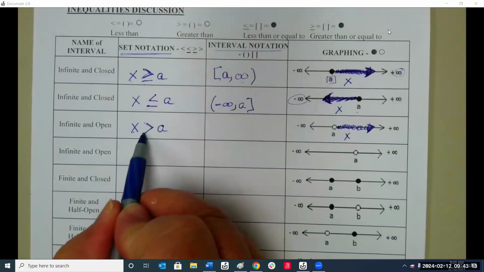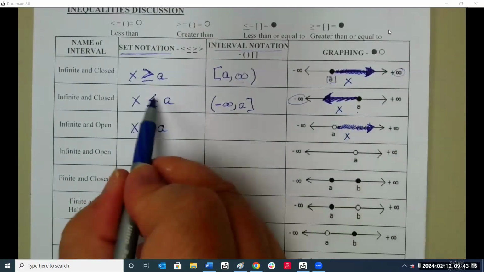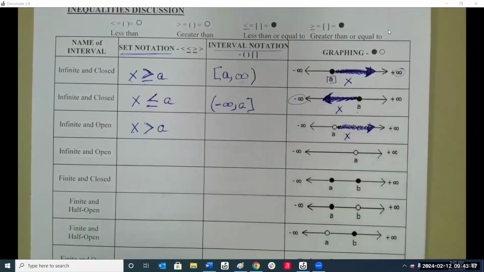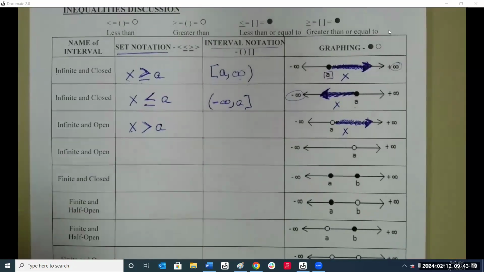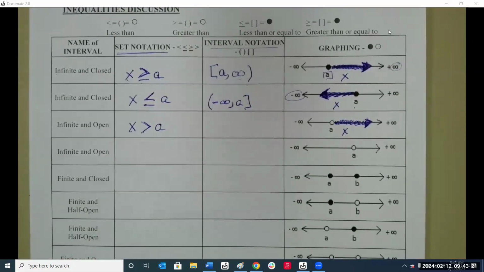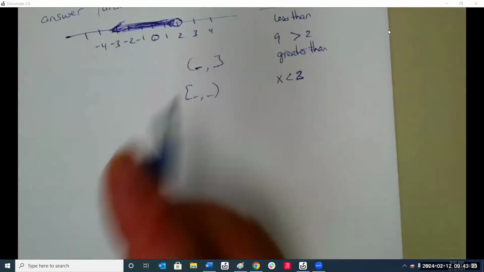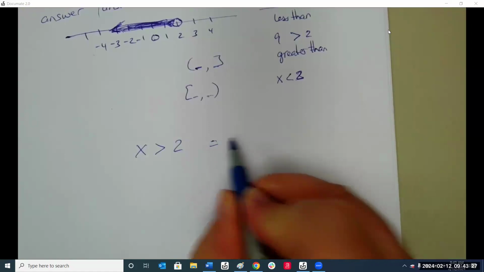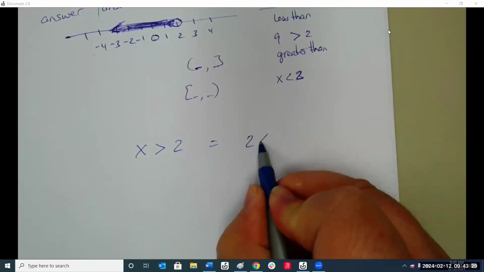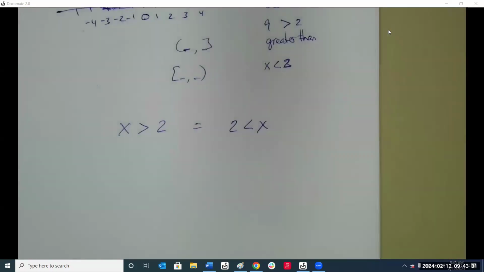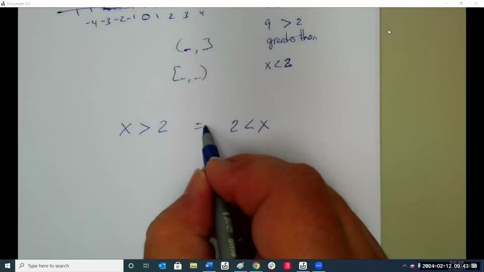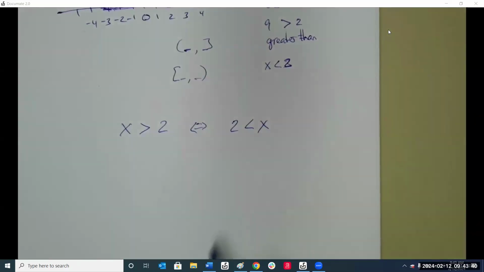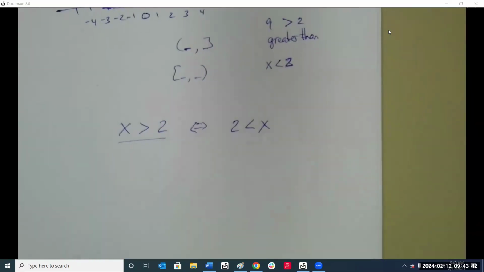Since x is going that way, it's shading to the right. x is this way, it's shading to the left. Remember though, you don't always have to have it because x is greater than 2 is the same thing as 2 is less than x. So they mean the same thing. But it's a lot easier if you put x on the left-hand side.